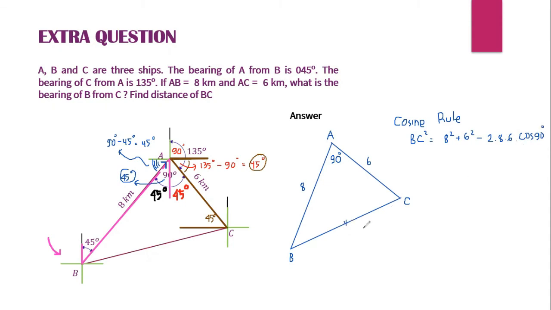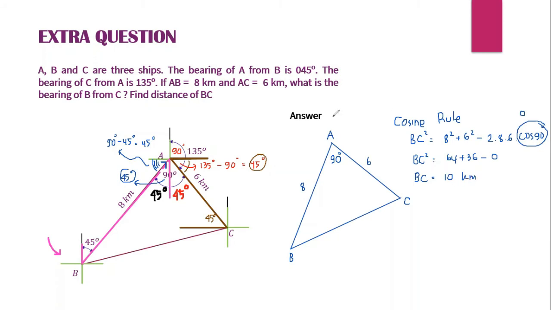So BC squared is 64 plus 36 minus 0, because cosine 90 degrees is 0. So BC is 10, right? We got BC is 10 kilometers.